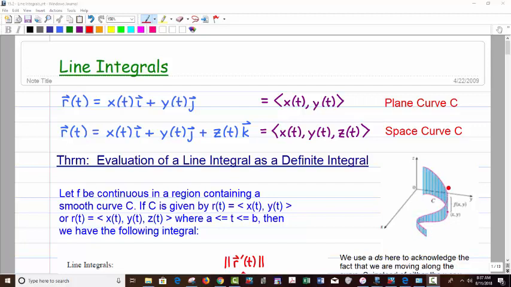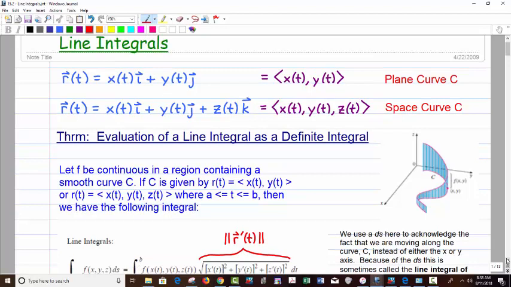Now let's see what we have here. There's your basic r of t definitions we've seen before, back in vector valued functions. So we have a plane curve and a space curve.